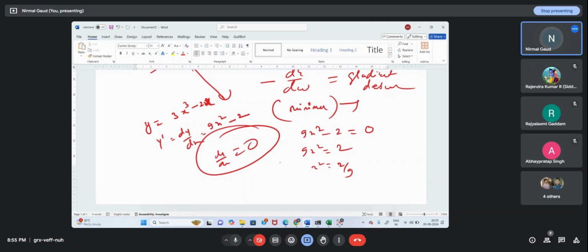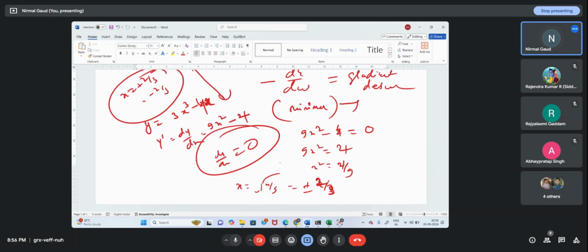Let me consider it as 4 so the things will become easy. x square equal to 4 by 9, that means x equal to square root of 4 by 9, that is plus minus 2 by 3, because a square root gives both plus and minus. So x equals plus 2 by 3 and minus 2 by 3. It can be both, so you are getting two values.